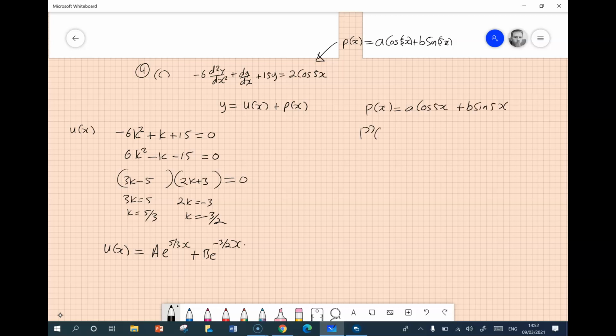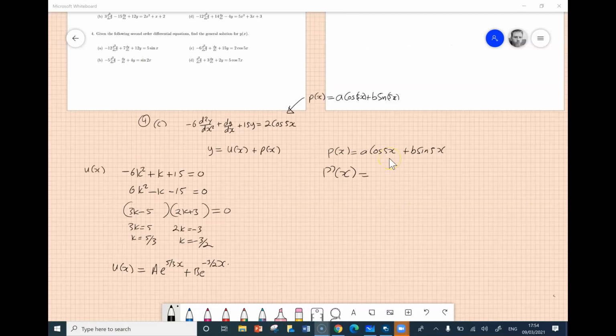And then we need to get the first derivative of that. So the first derivative of a cos 5x is minus 5a sine 5x, and b sine 5x gives plus 5b cos 5x. Then we go for our second derivative.